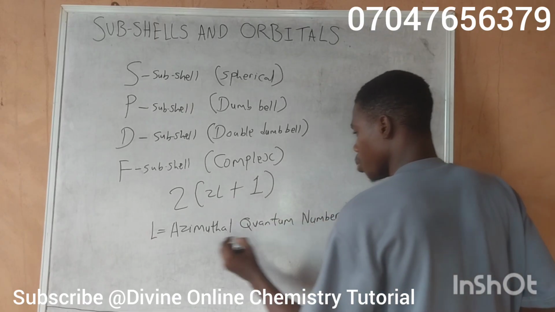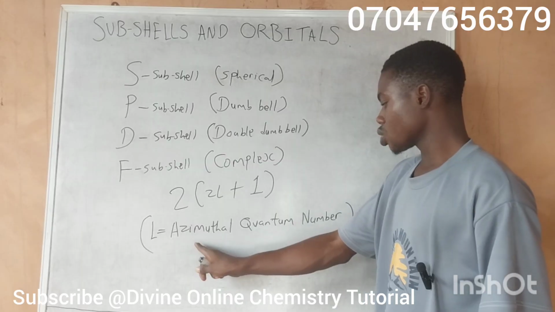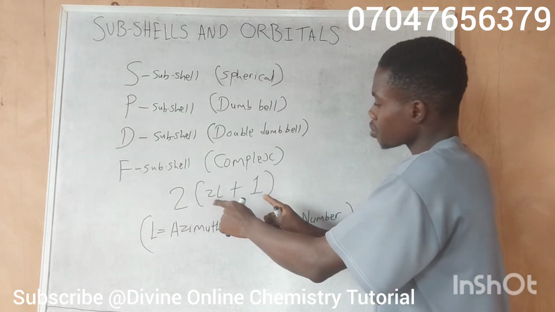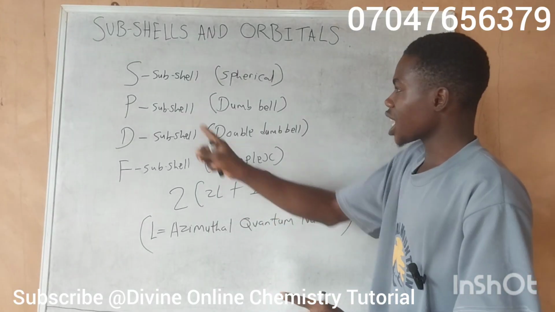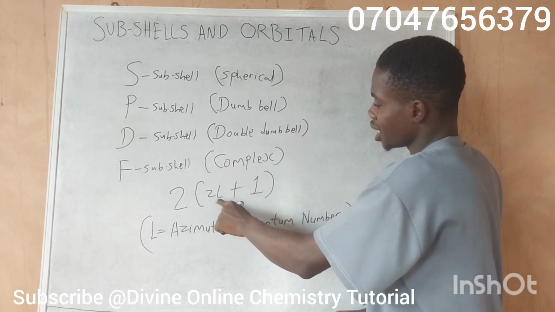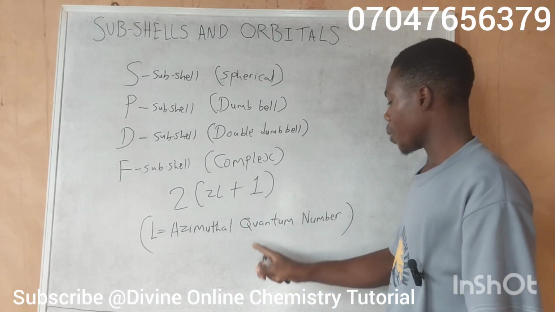This formula can be used to calculate the number of electrons that each of these subshells can carry, where the formula is 2(2L + 1) and L is the azimuthal quantum number.